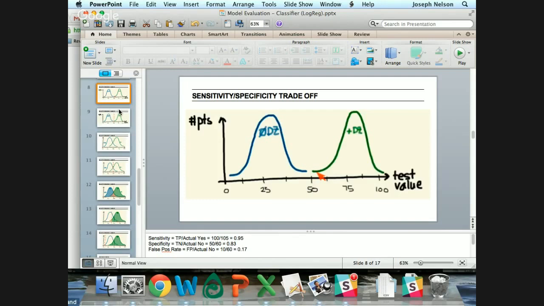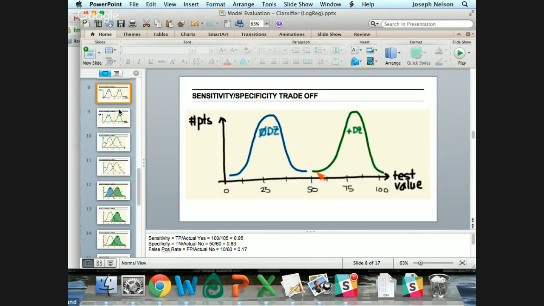And where would the area below this distribution that do have the disease go? And what about these guys, the two that we've not filled in, as in false positives and false negatives? They're empty.